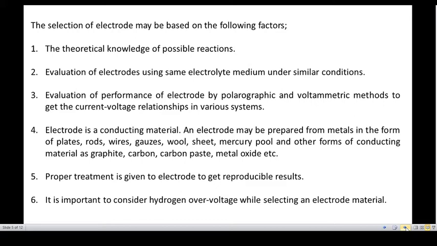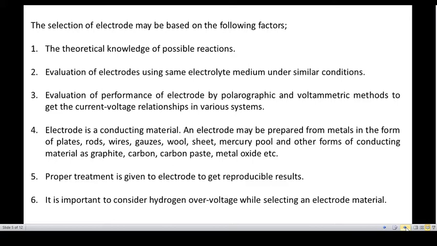Once you want to choose a material as an electrode, one thing you have to consider is that it should be conducting, because only then will there be exchange of electrons, and you can carry out either oxidation or reduction on that electrode. The electrode may be prepared from metals in the form of plates, rods, wire, gauzes, wool, sheet, or mercury pool.